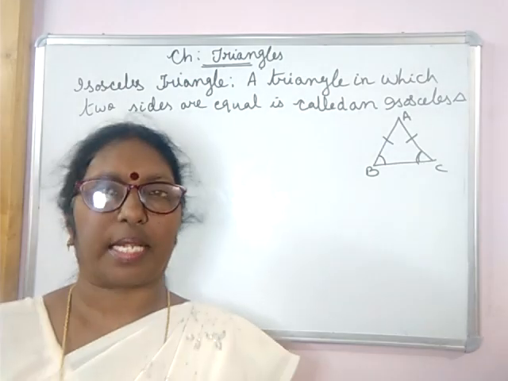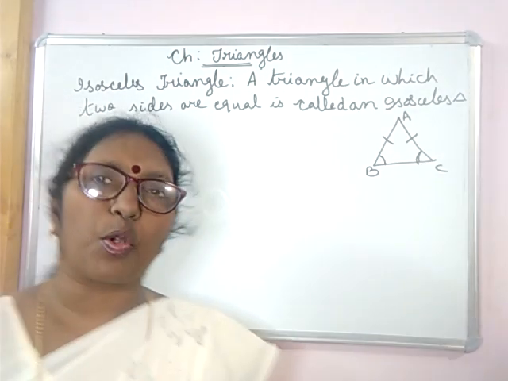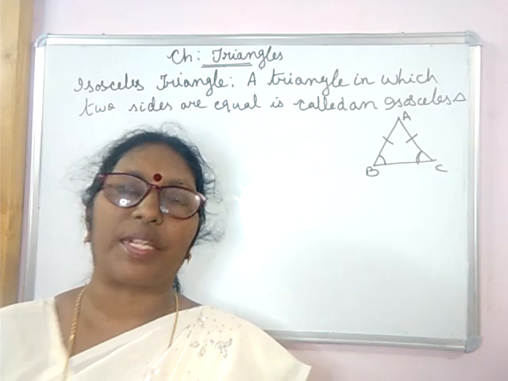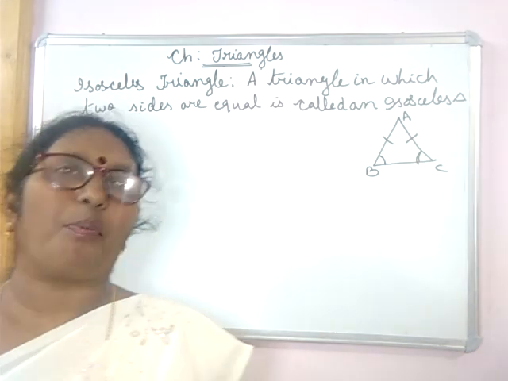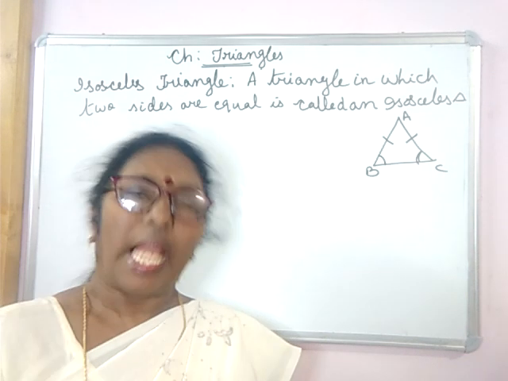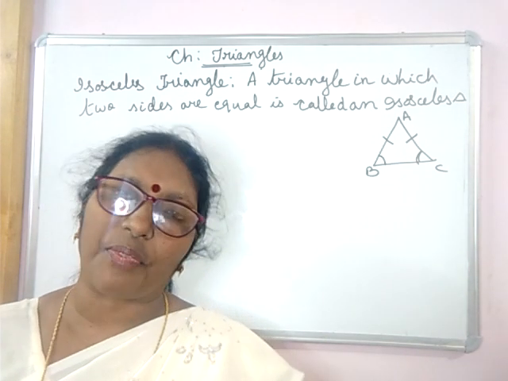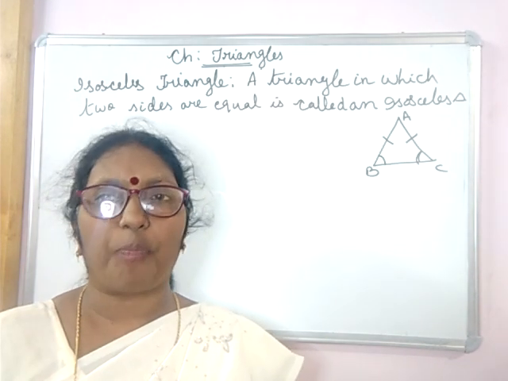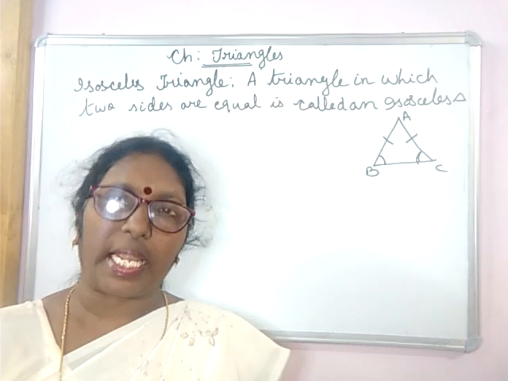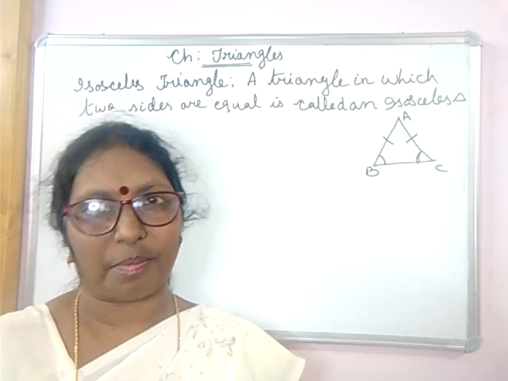But how to prove that? We can prove this. If two sides of a triangle are equal, their opposite angles are equal, and also if two angles of a triangle are equal, their opposite sides are equal. We can prove it in the form of theorems.